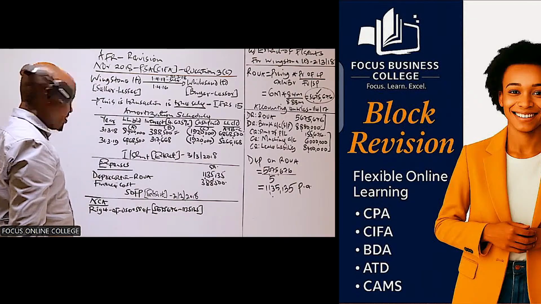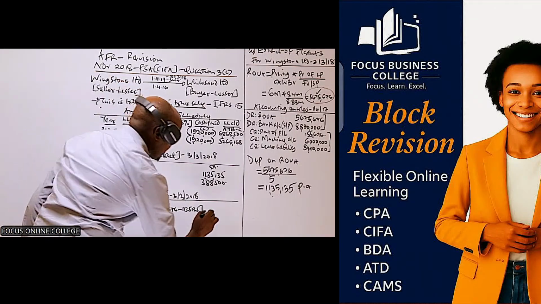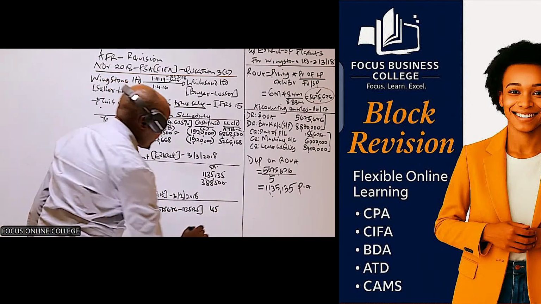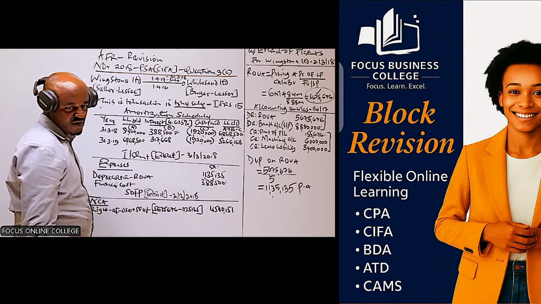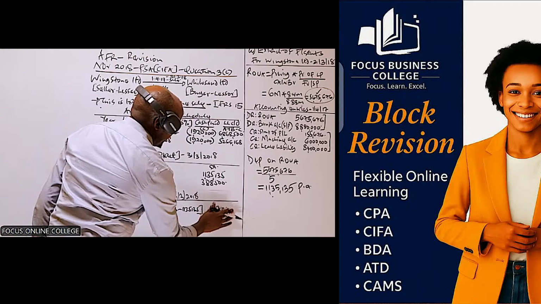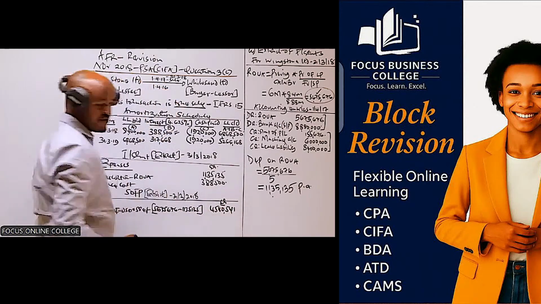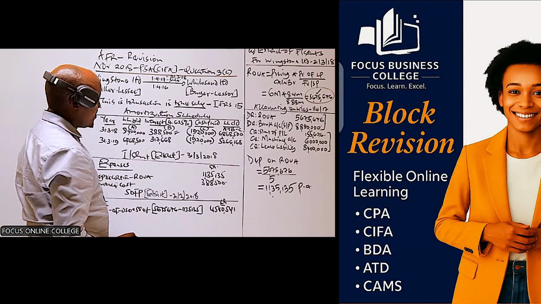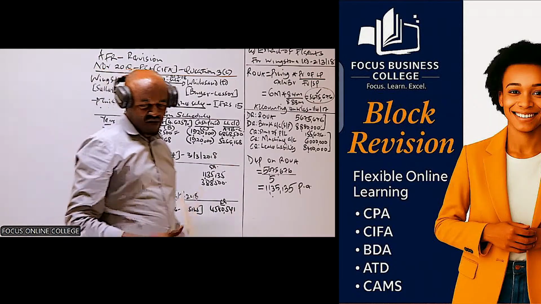So that will be the value for the right of use asset, 45,40,541.